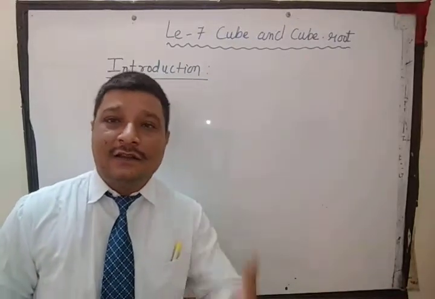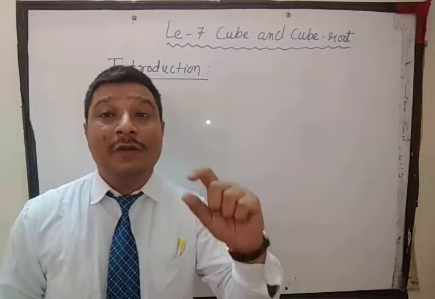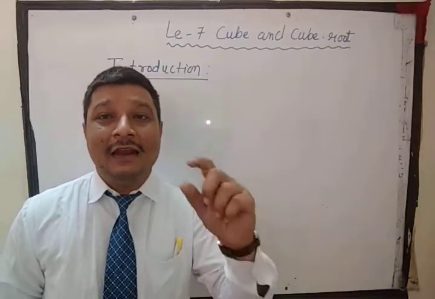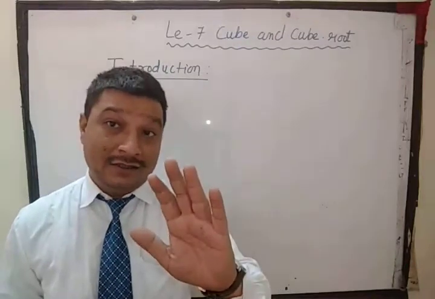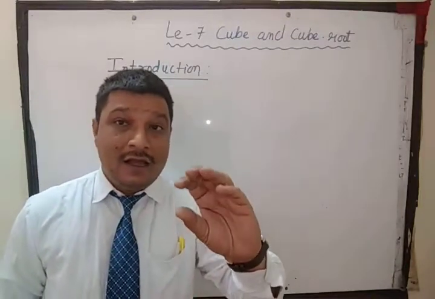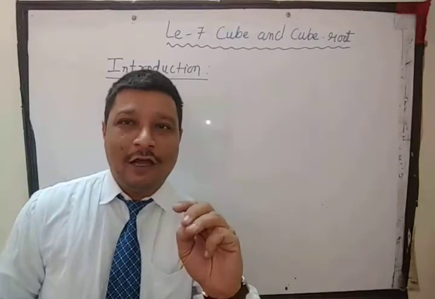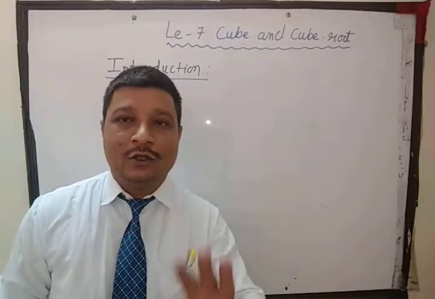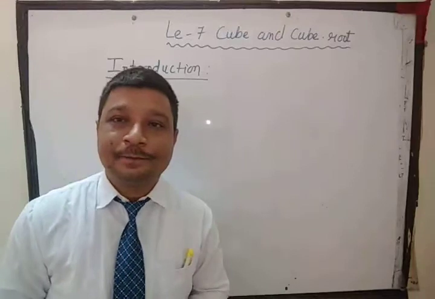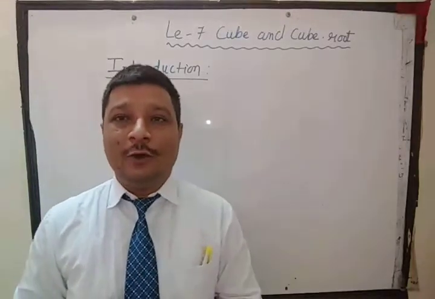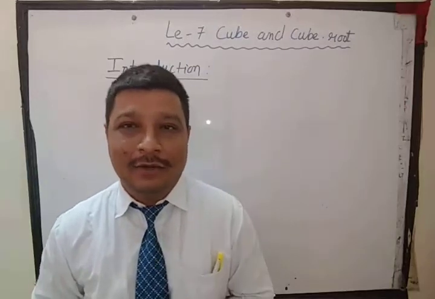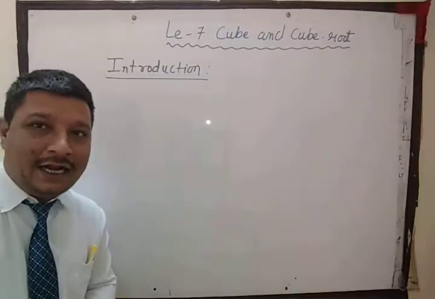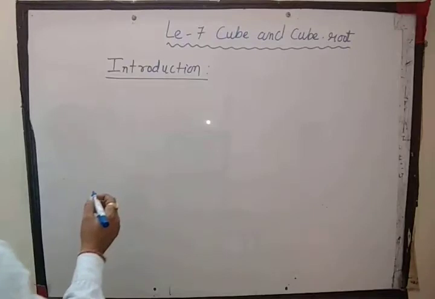Clear? Same way, if we multiply any natural number, it must be a natural number, 3 times, thrice, the product we obtain is called the cube of that number. So we will just write down what a cube is.